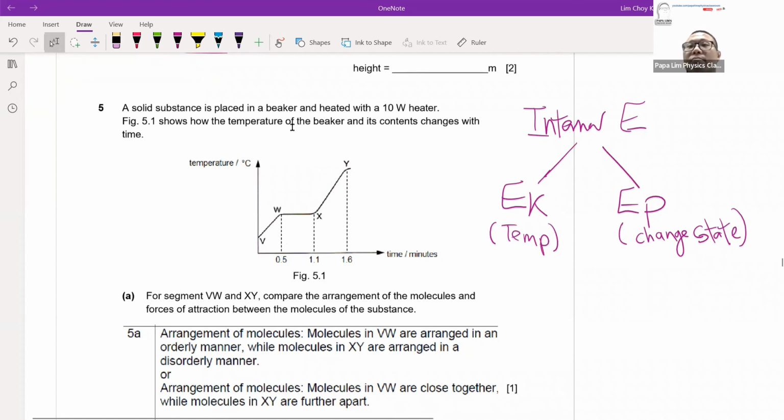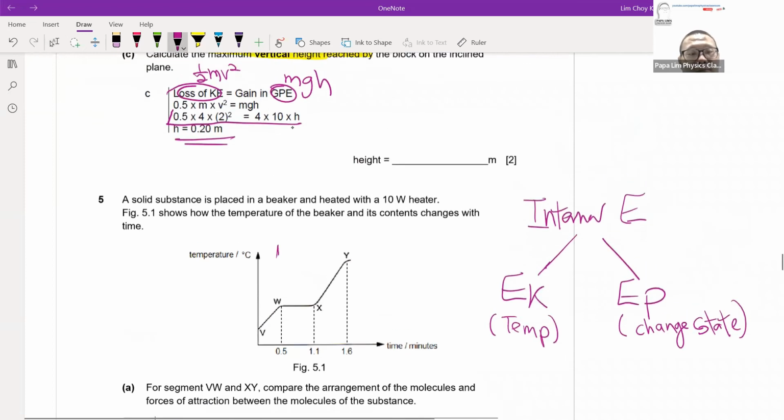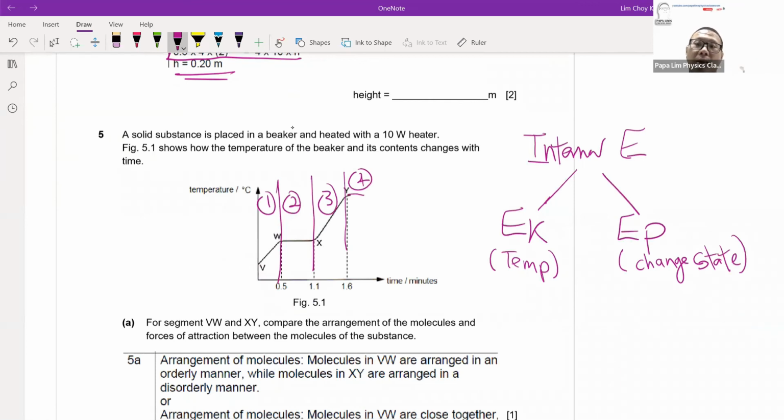But there is quite a standard process: the heating phase, or stage 1, the melting phase, stage 2, then the heating phase again, and eventually a boiling phase. At each of these stages 1, 2, 3, 4, the kinetic energy and the potential energy behave differently, but the behavior is quite predictable.